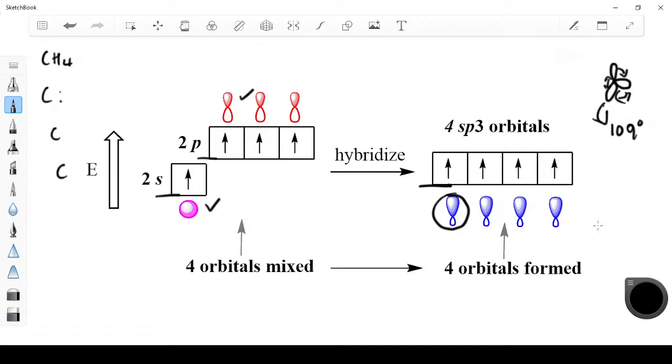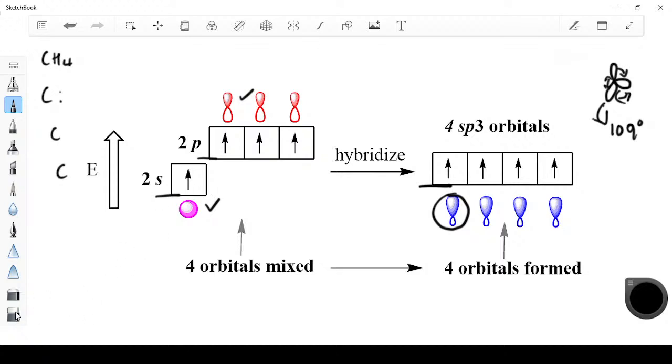So no pi bond formation is possible. For a pi bond to form, you need two overlapping zones, right? That's why whenever you see a pi bond and you're dealing with second period elements, it's most probably unhybridized p orbitals, right?